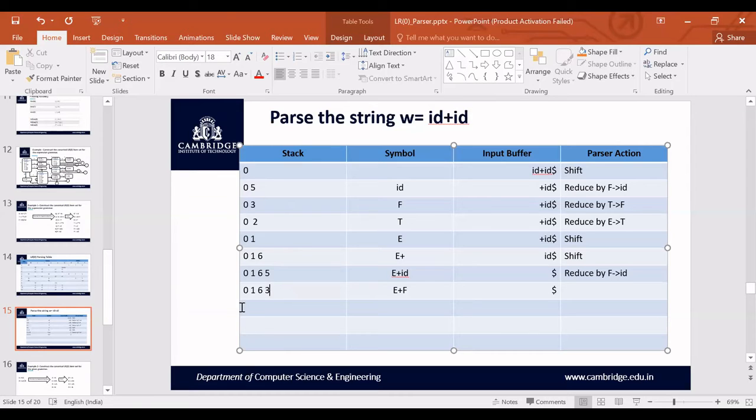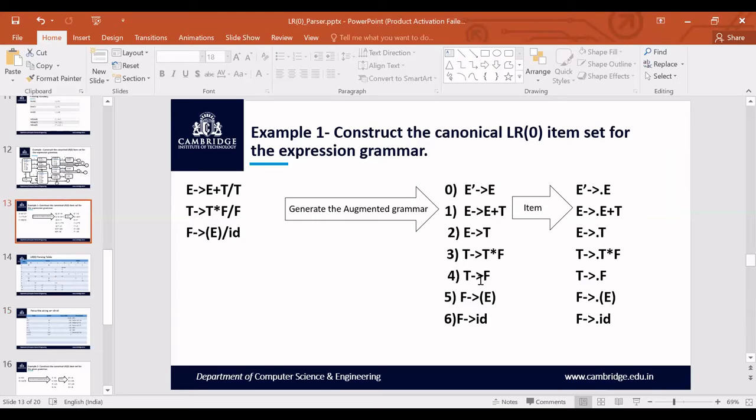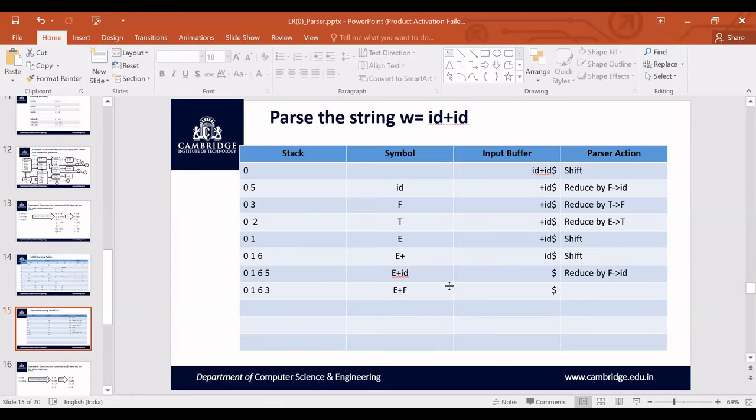And now what you have to do is take a transition of state 3 on dollar. What is state 3 on dollar? Check the parsing table. State 3 on dollar is a reduction step, R4. What is the fourth production? Fourth production is T derives F. It is a reduction step.